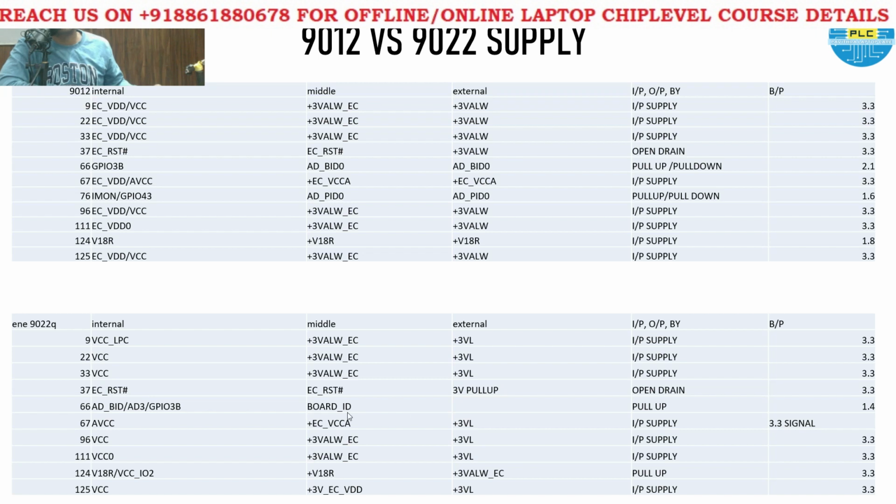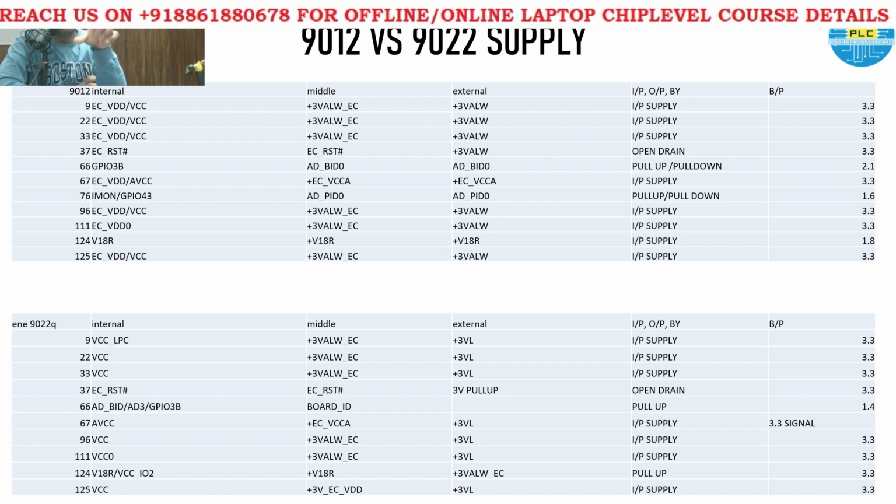Here ECRST has one more pull up. Through that pull-up voltage, ECRST will be generated. ECRST is open drain, and this is also a pull up. And here ADBID is the board ID. It's 2.1 volts, depending on the voltage divider.